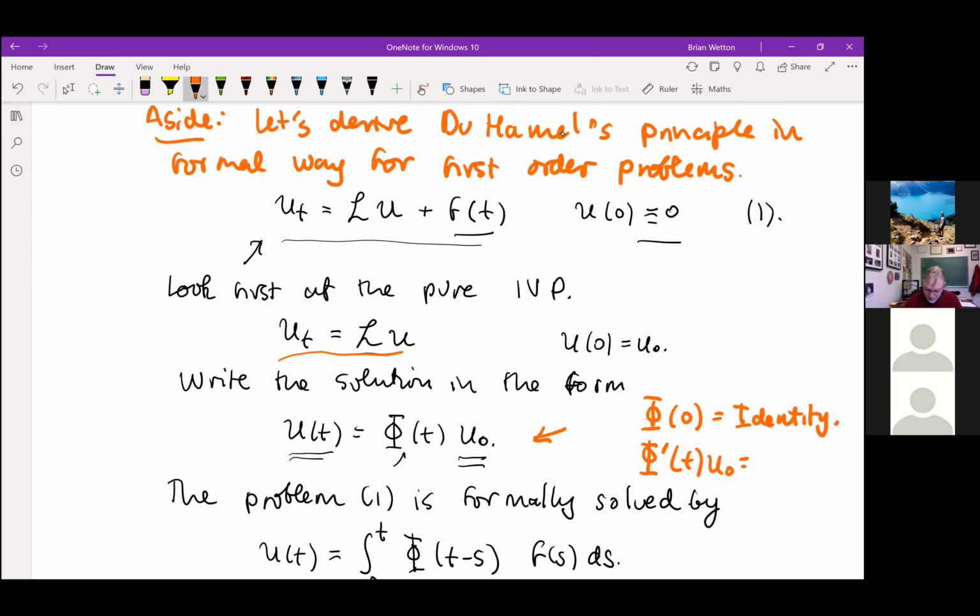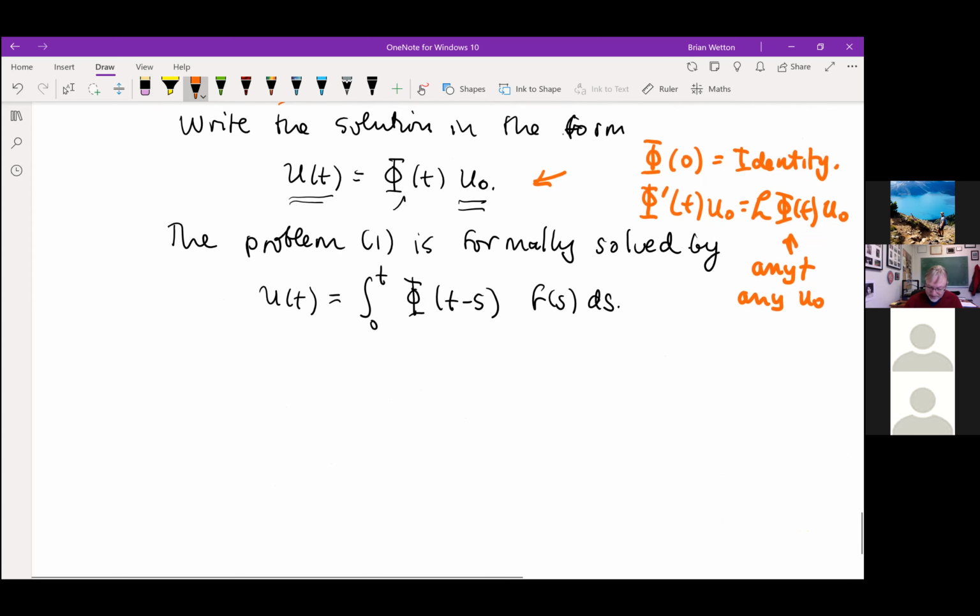That's the ut. Then that has to be equal to L times phi of t times u0. And this is any time, any u0. That's what it means to be that solution operator.